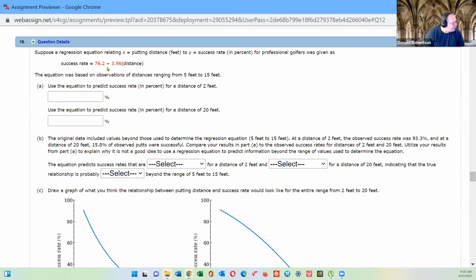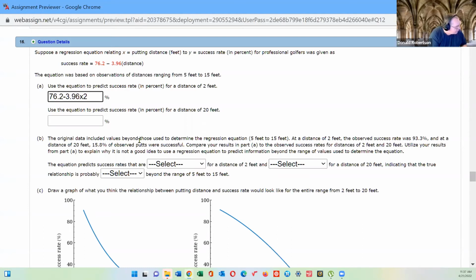So, for instance, if you are 2 feet away, what is your success rate for this particular person? Well, it'd be 76.2 take away 3.96 times 2.